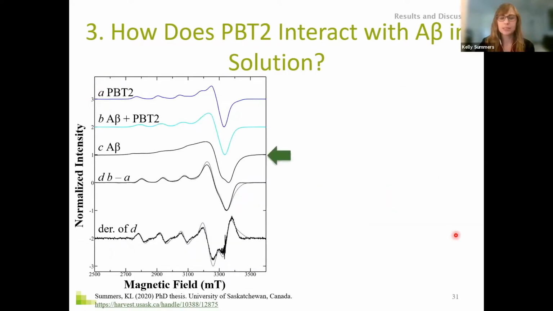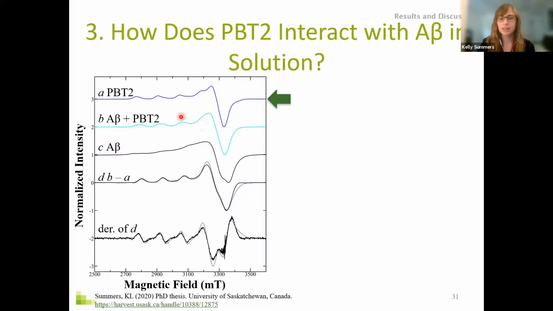So we see here, this is our spectrum of copper-2 amyloid beta at pH 7.4. So you can see that it's clearly a mixture of species. But interestingly, and surprising to us at the time, when we added PBT2 to amyloid beta, you can see that there's still a mixture of species, but maybe not as many as we initially started with. For comparison, this is our PBT2 spectrum.